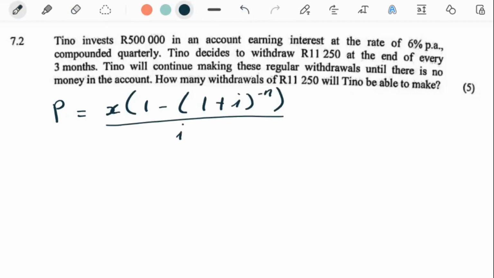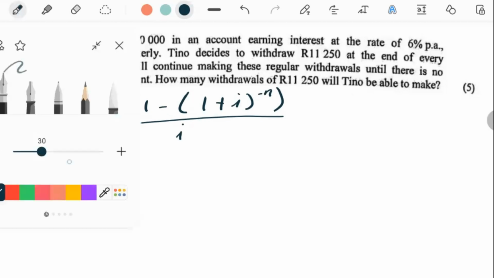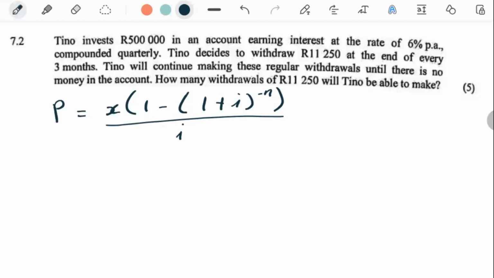Even though it's withdrawals, the logic behind it is that you want to pretend that this is almost like a loan that's gaining interest every quarter. So as this money is gaining interest, you are reducing that balance by 11,250 every quarter.